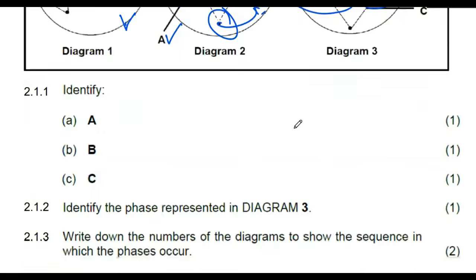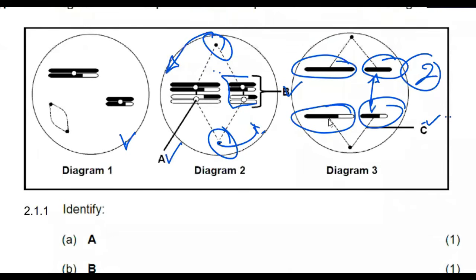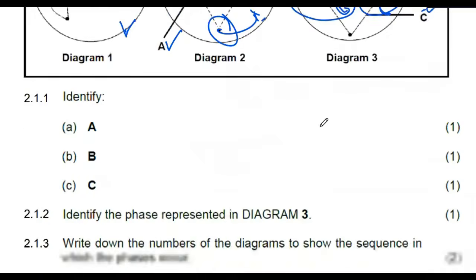If it was anaphase 1, this would have been an individual chromosome moving to the other side, with the centromere there, and this would also have been a chromosome. But because chromatids are moving to opposite poles, it is anaphase 2.